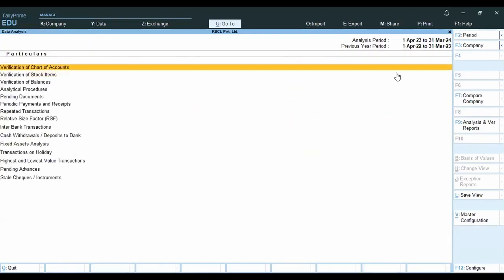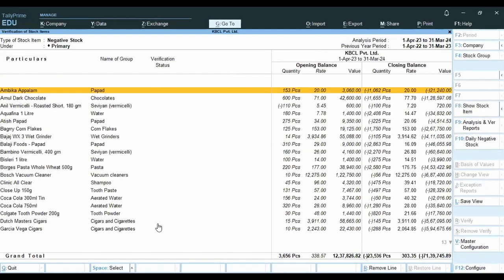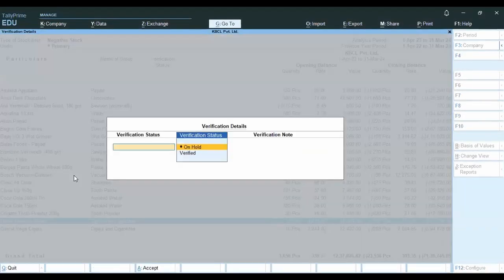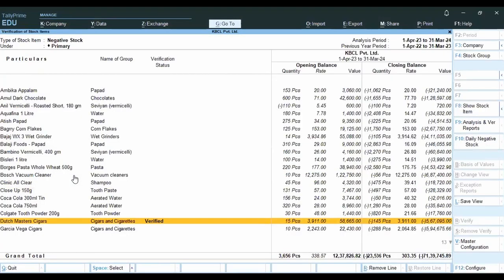Once this is done for charts of account, you can do the same for verification of stock items. For stock items also, in the same way I can do the audit. Now say I want to audit this, verify.